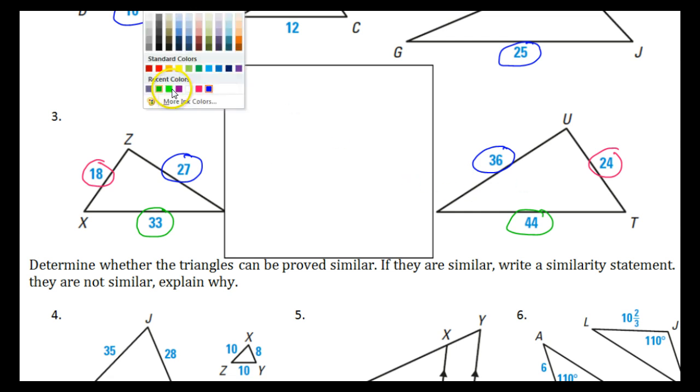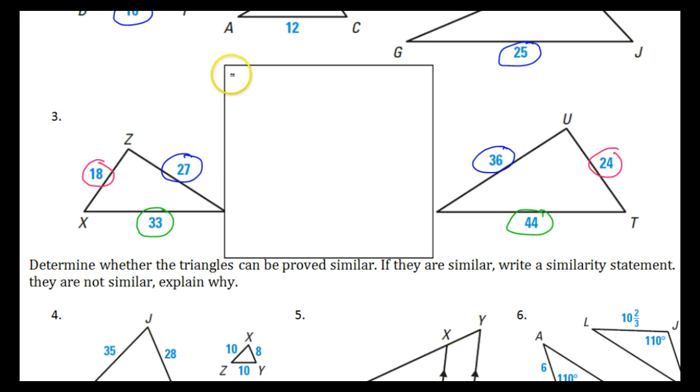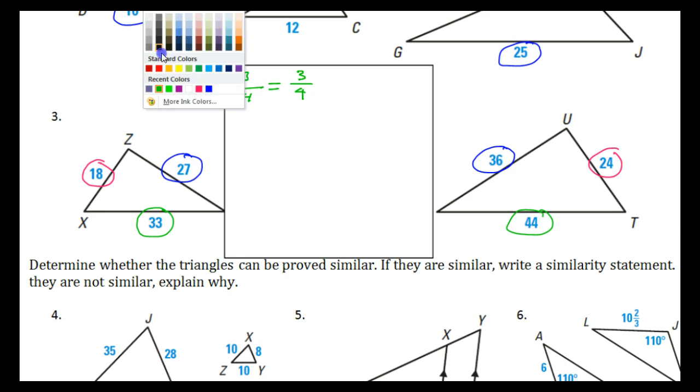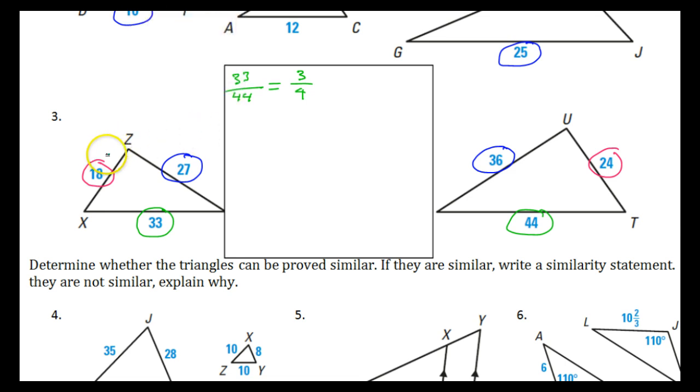Start with the greens. That would be 33 over 44. Both of these are divisible by 11, so this would be 3/4. Let's do the pinks. That would be 18 over 24.